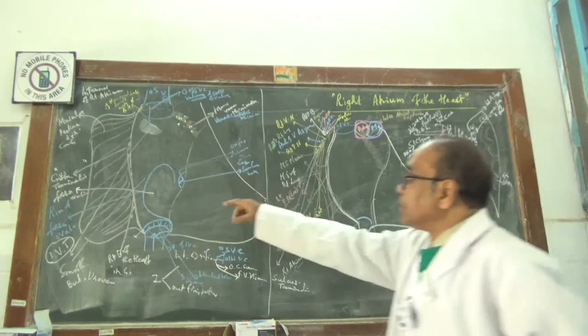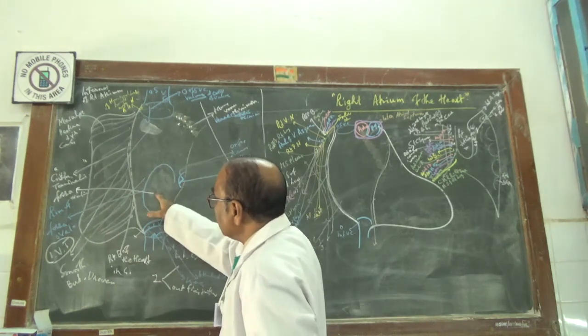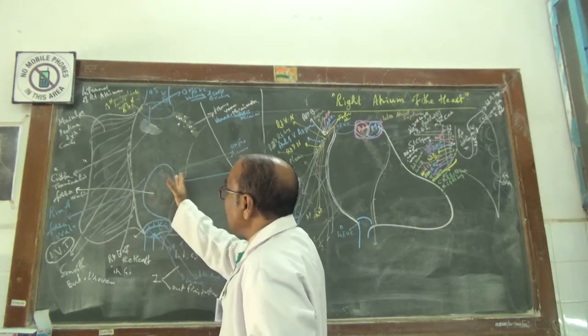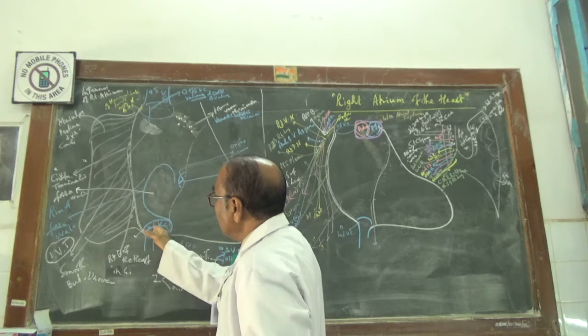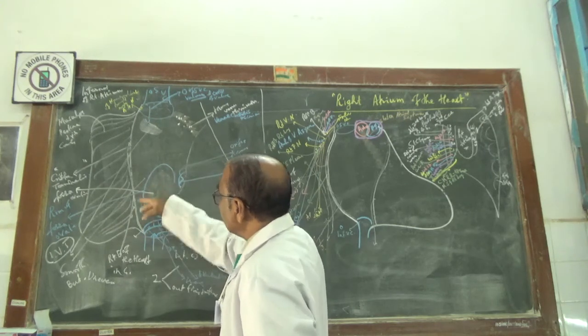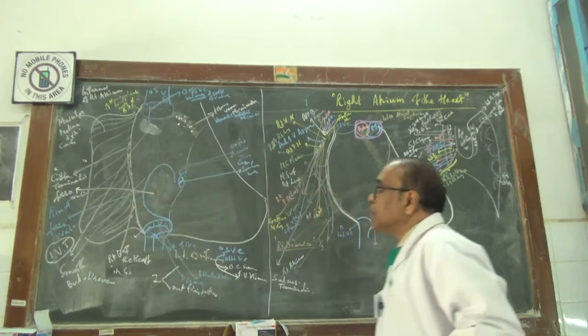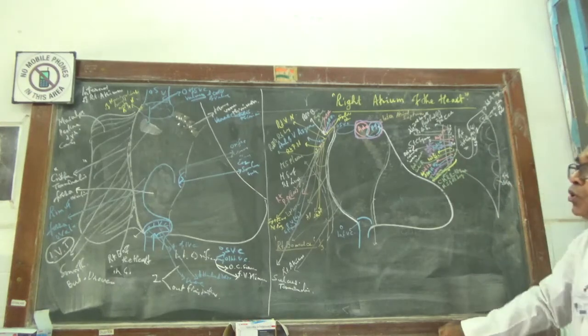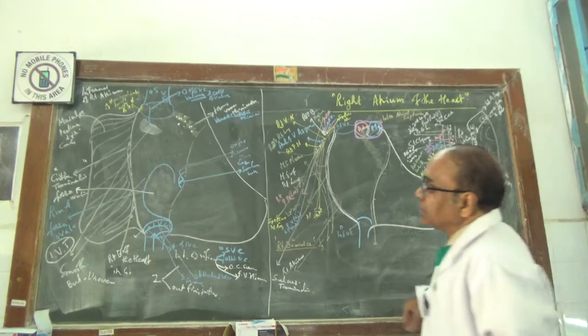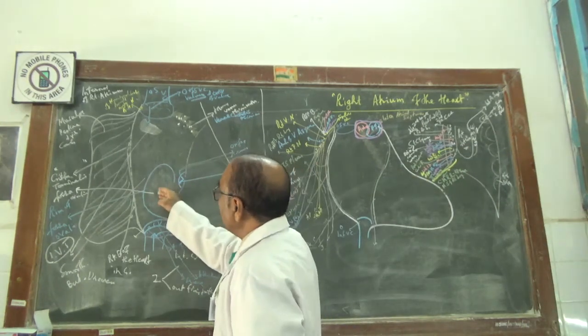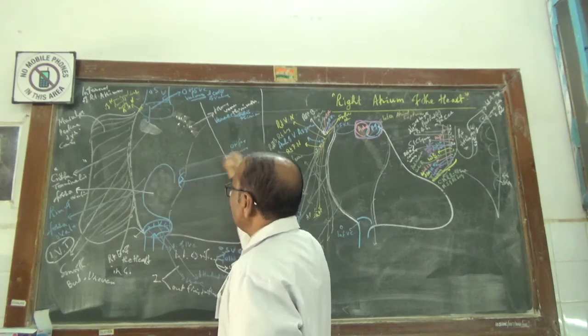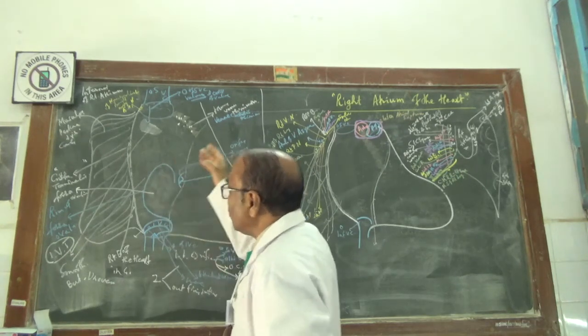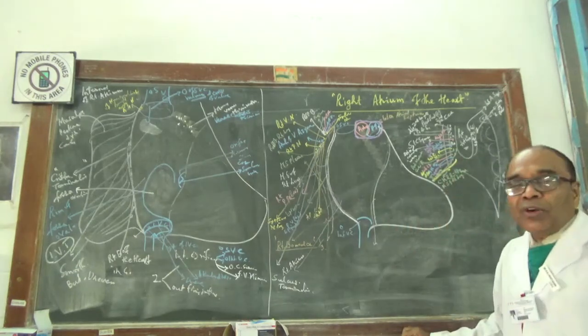It is present above and a little to the left of the inferior vena cava orifice, and a little below and towards the right of the coronary sinus orifice. Now this is the fossa ovalis.